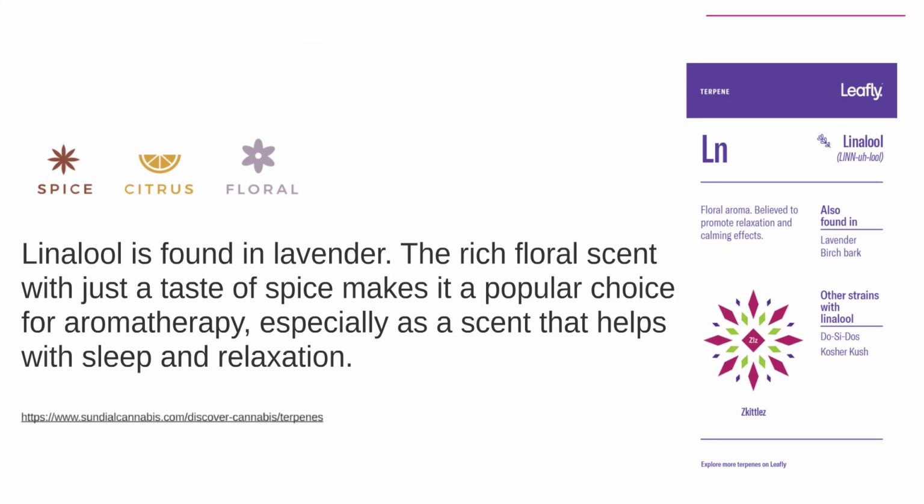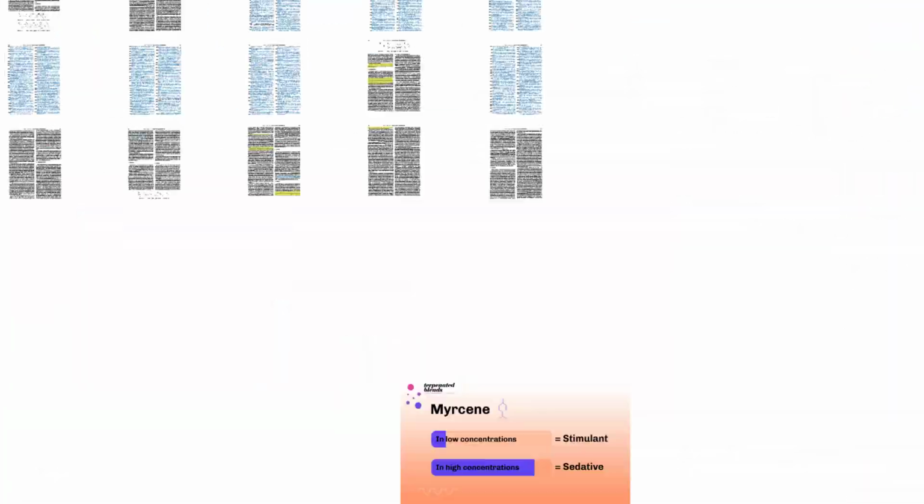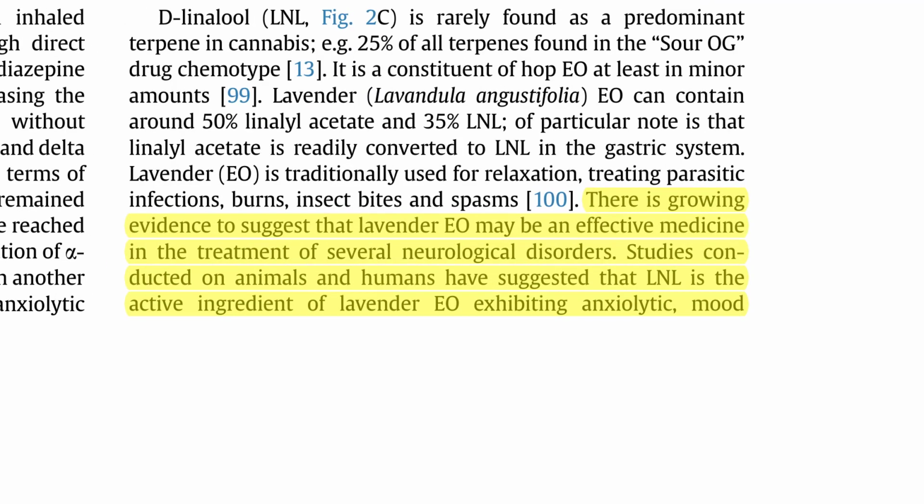Now, when we look at linalool, which is a terpene that's typically found in lavender, what we start to see is that there are some more predictable effects that come with linalool. We see that there's growing evidence to suggest that lavender essential oil, which is linalool dominant, is effective medicine in the treatment of several neurological disorders.